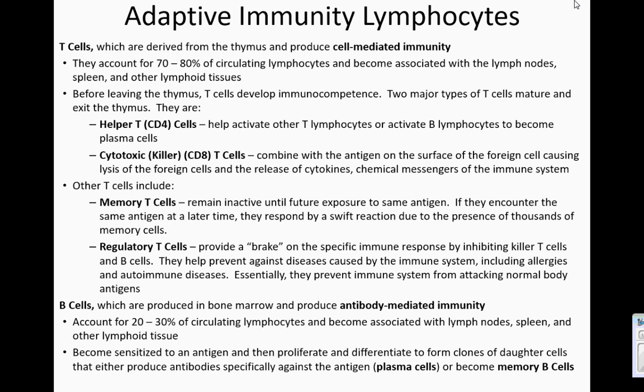All right, those T and B cells that we've talked about for the last couple of weeks are the two major cells involved with our adaptive immune system. There's actually two different forms of adaptive immunity: cell-mediated and antibody-mediated.